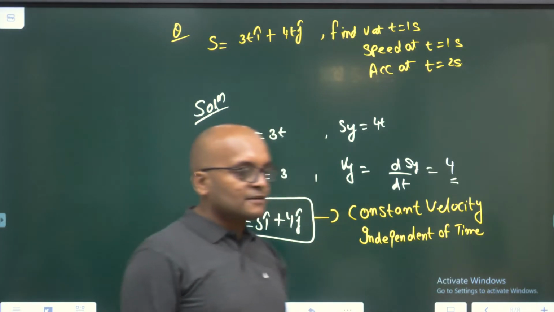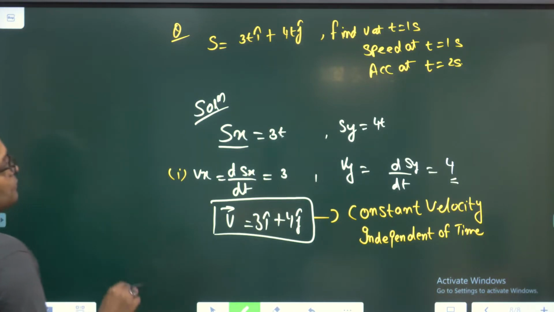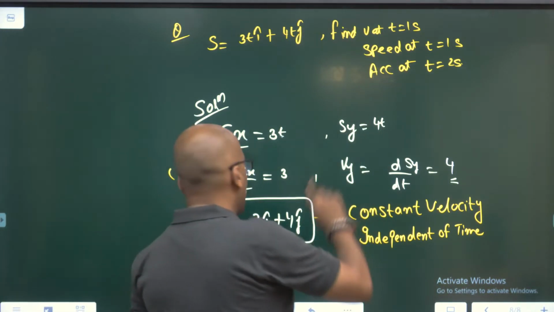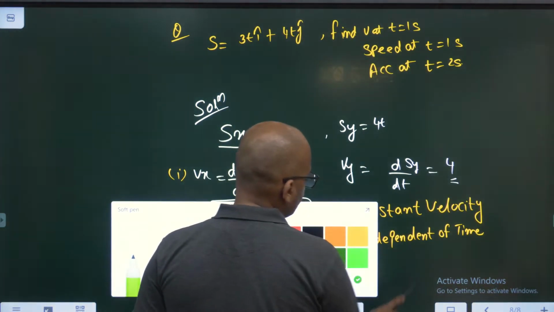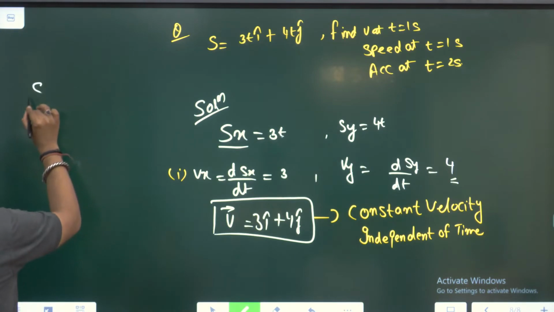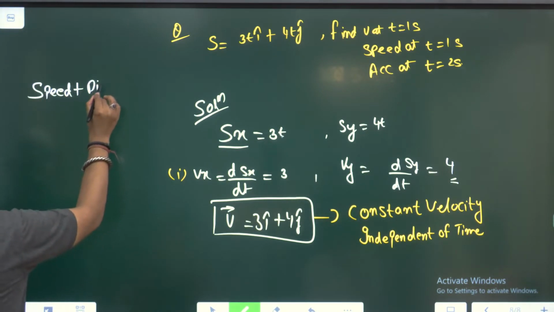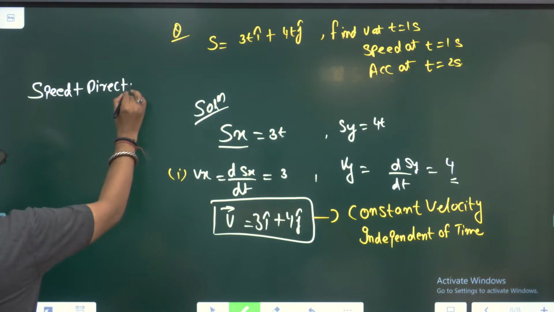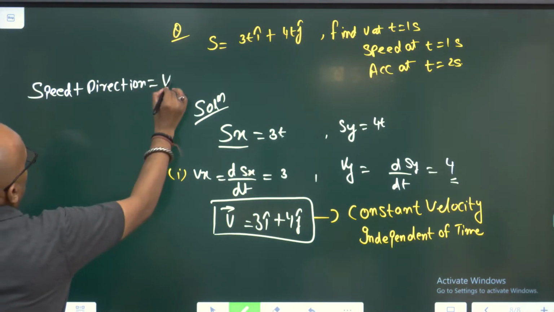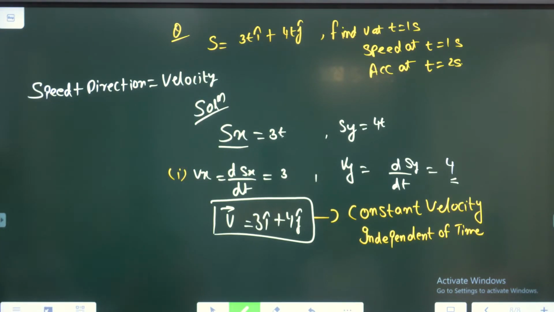Okay? Understood? So that's your first part. Now second part is speed at 1 second. My dear students, what is speed? Speed plus direction is velocity. Magnitude of velocity is speed.